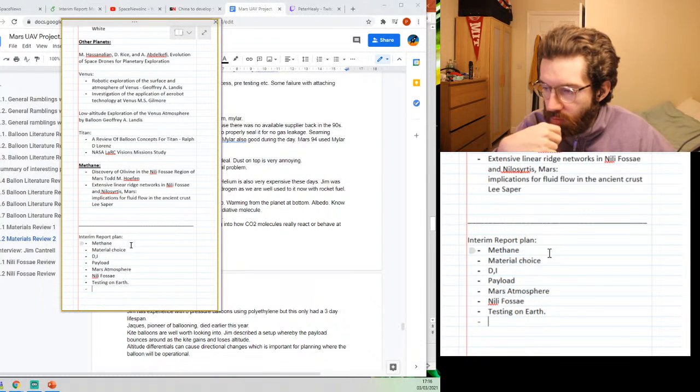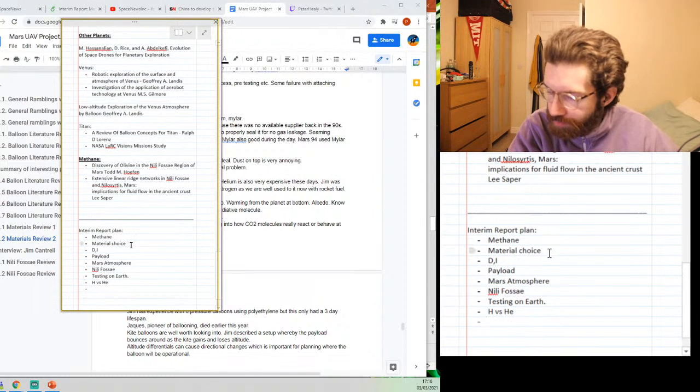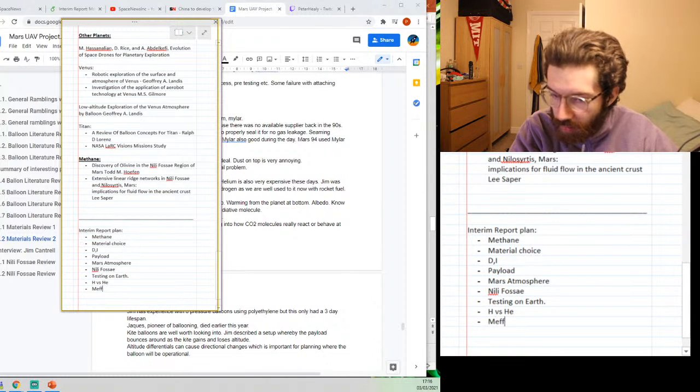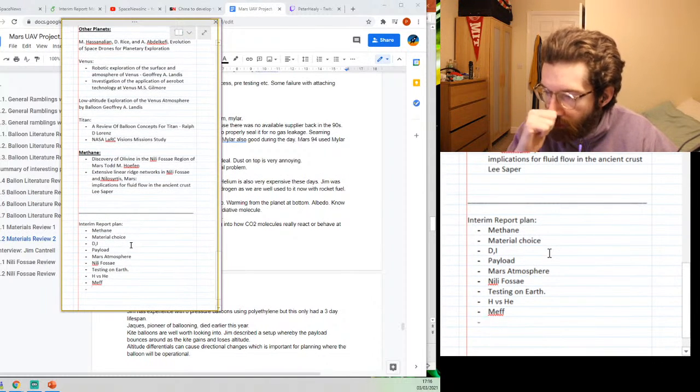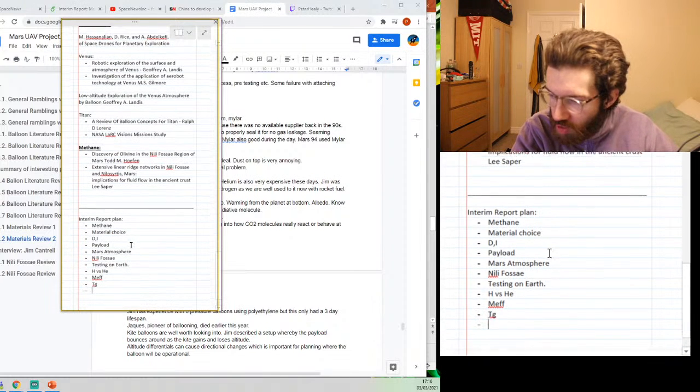So what I have: material choice, maybe a bit of H versus HE going on. Mass efficiency parameter. Temperature, or TG, let's say.